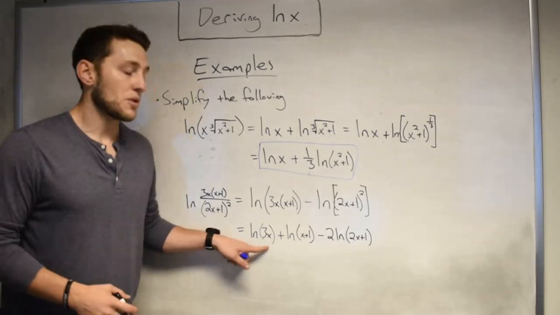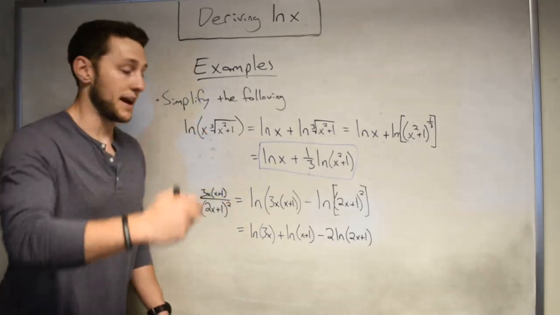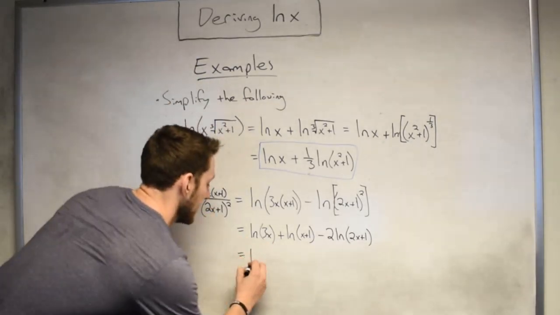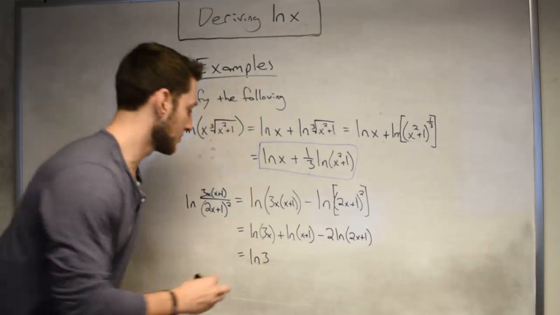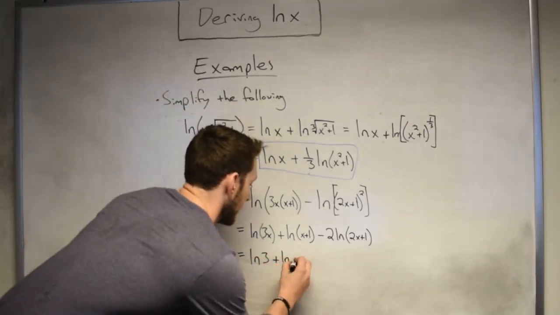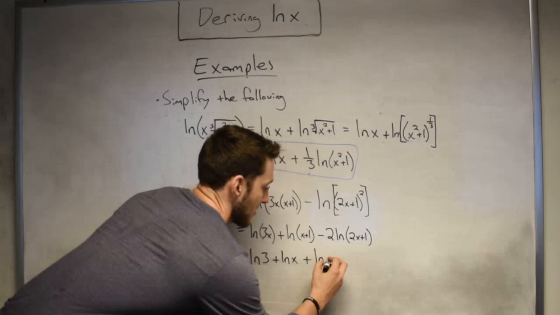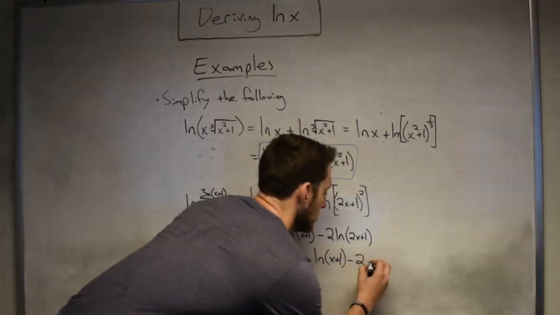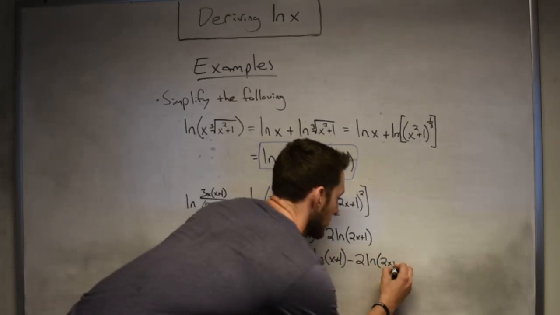I could go one more step right here because I have 3 times x and write this, since I have multiplication on the inside, as addition on the outside. Natural log of 3 plus natural log of x, and then the rest of the stuff that was trailed on. Natural log of x plus 1 minus 2 natural log of 2x plus 1.